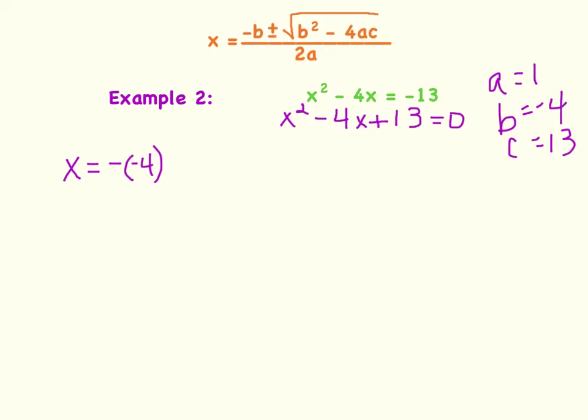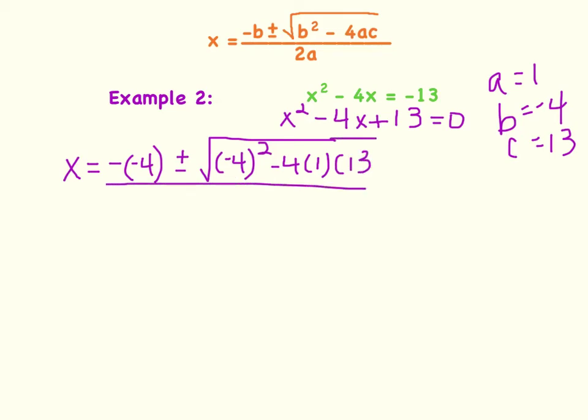So we have the negative of negative 4 plus or minus the square root of b squared, well that will be negative 4 squared, minus 4 times a, so that's 4 times 1, times c. And our c value is 13. And then all of this is divided by 2 times a, and since a is 1, it's 2 times 1.